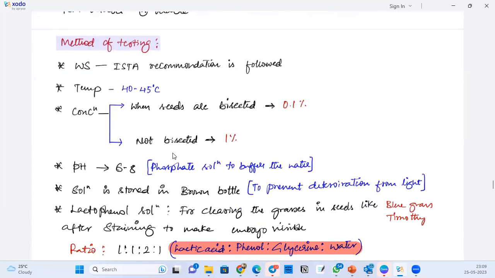And whether we can use this tetrazolium test for detecting vigor, or it is specific to viability? Whether we use this tetrazolium test only to detect viability, or it can be used for vigor test also.